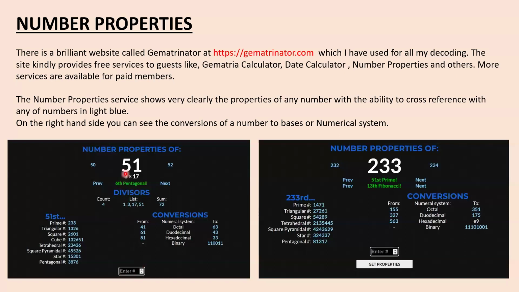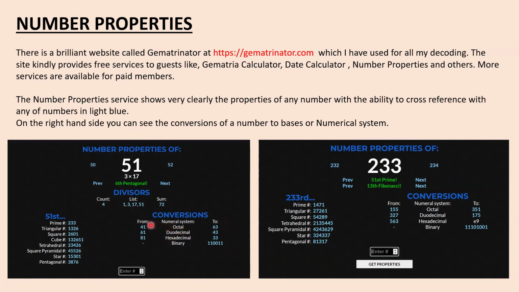So if I typed in 51, I would get this screen, and it's showing that it's a pentagonal number, the 6th one. On the left-hand side, you can see the prime number is 233, the square, the cube, tetrahedral, other numbers here. And here are what I call base numbers, the numerical system.